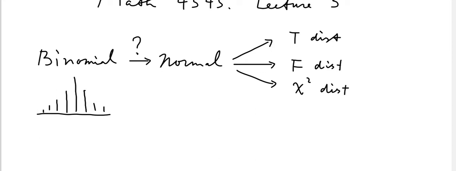So we say those kinds of distributions can be approximated by the normal distribution. We just explain this from a graph, not from mathematics.